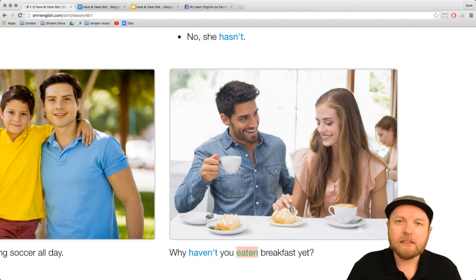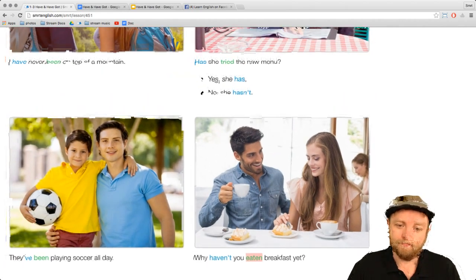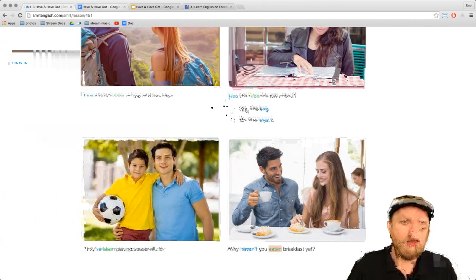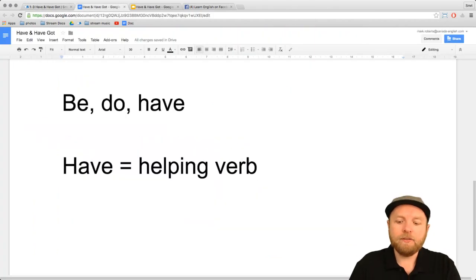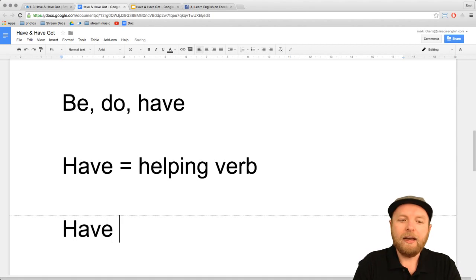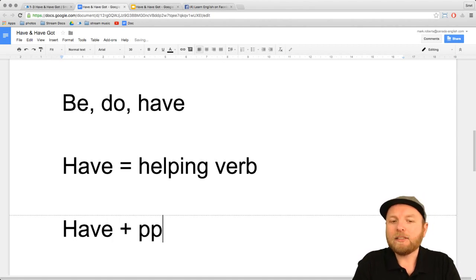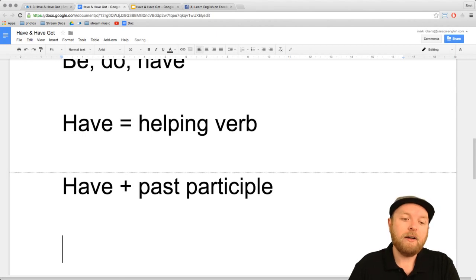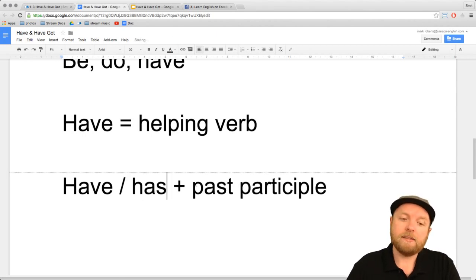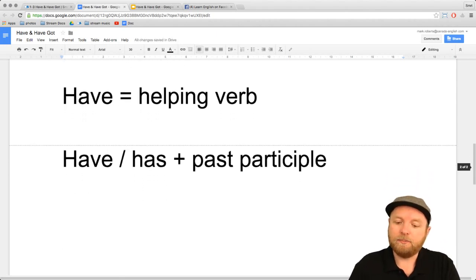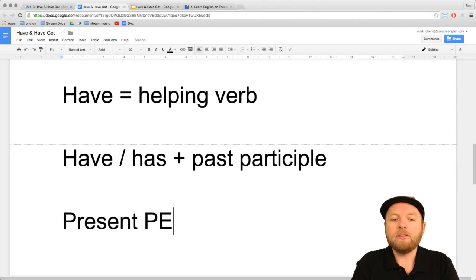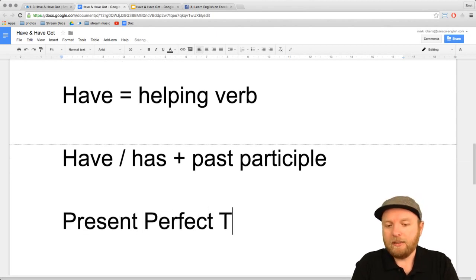So, again, when have is a helping verb, we use have, or has, plus a past participle. And this is called the present perfect tense.